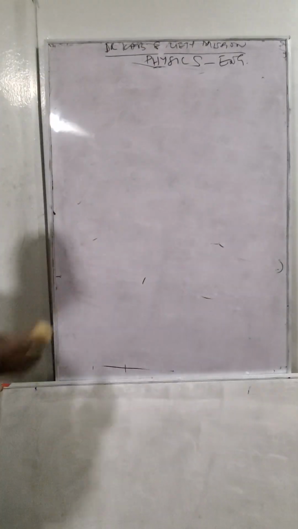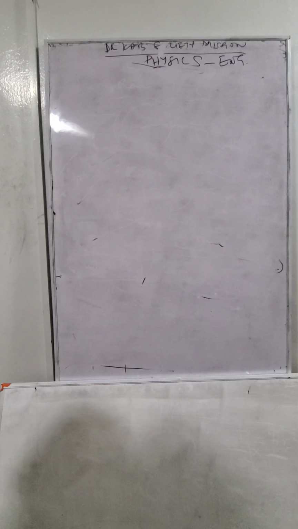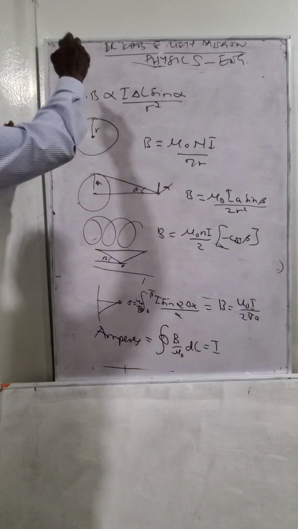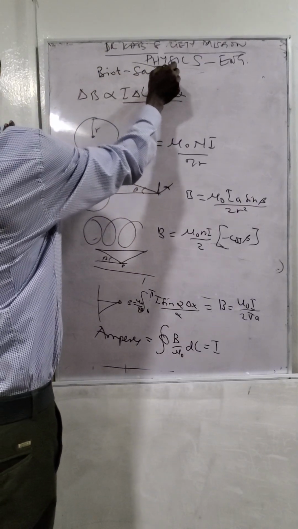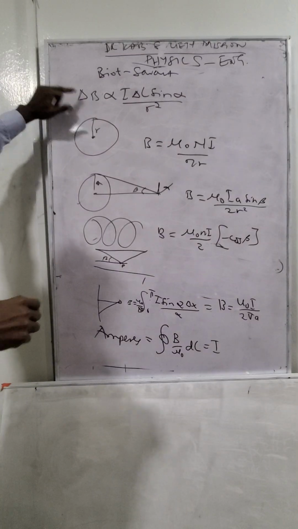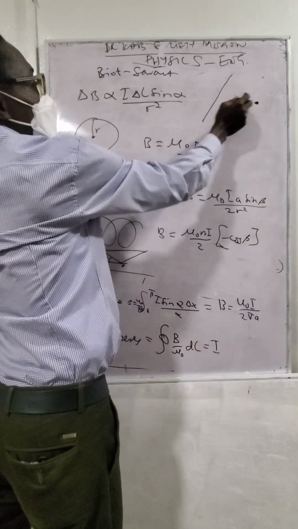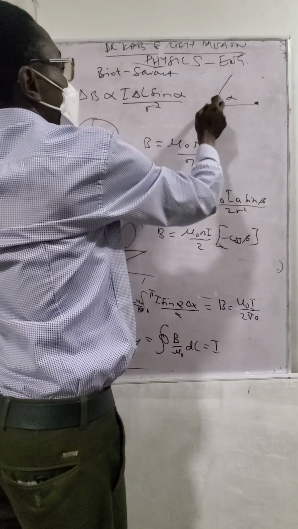Now let's look at the Biot-Savart law. According to that law, if you have this as your wire and then you have a point here, it makes this angle alpha.